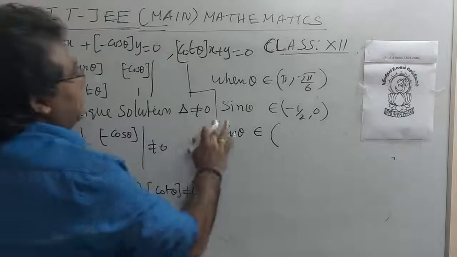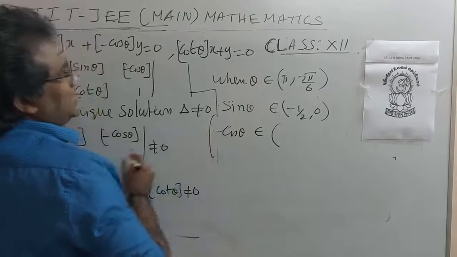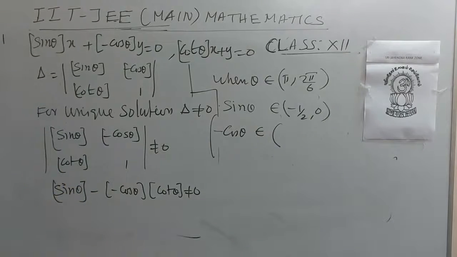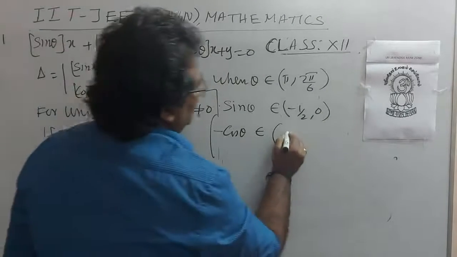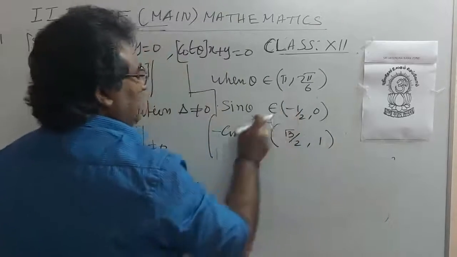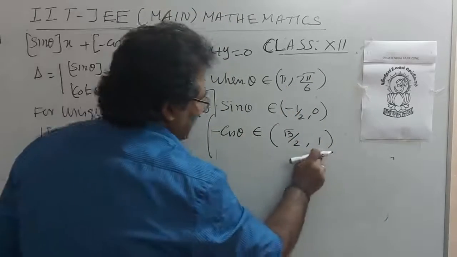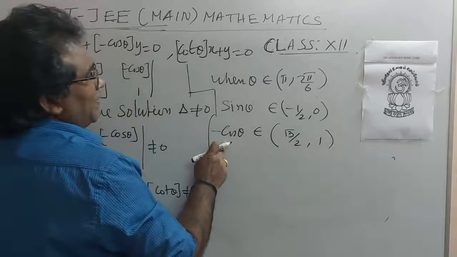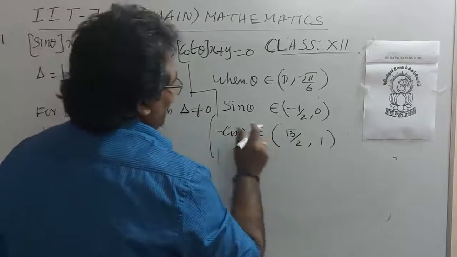So minus cos theta lies from root 3 by 2 to 1.